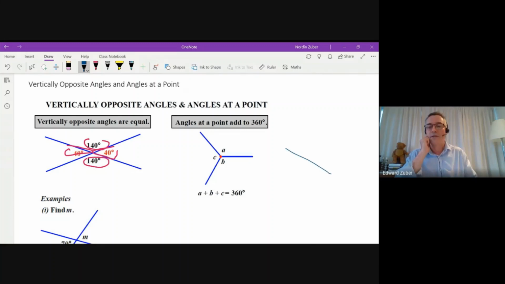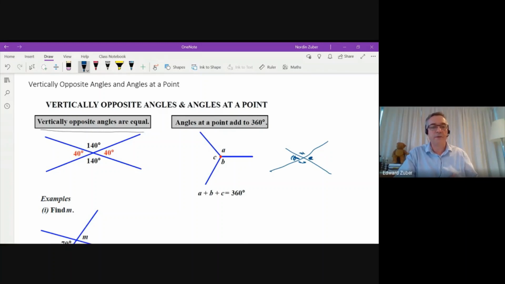They arise when we take two lines that join together, and we can see these two here, which we call vertically opposite, and these two here, which we call vertically opposite. Now, there's a very special property about vertically opposite angles, which is that they are always equal. And Maths Online has very kindly put that for us in a box here. Vertically opposite angles are equal.